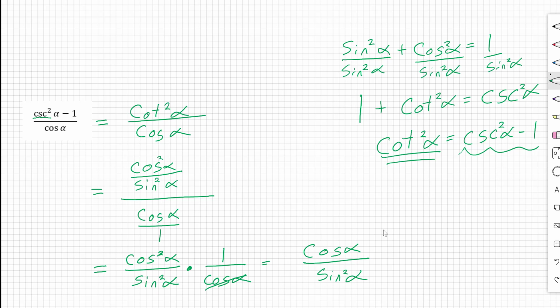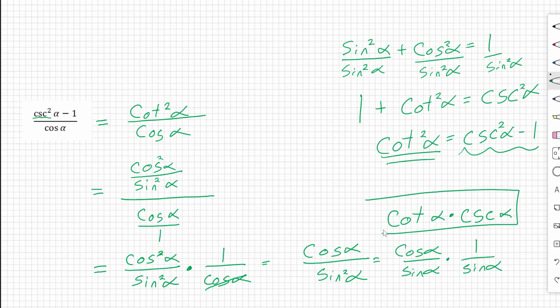So what else could we do? Well, I notice that this is the same as cosine alpha over sine alpha times 1 over sine alpha. Cosine alpha over sine alpha is cotangent alpha, and 1 over sine alpha is cosecant alpha, and this is the answer I'm going to look for in the bottom, and I'll actually find.